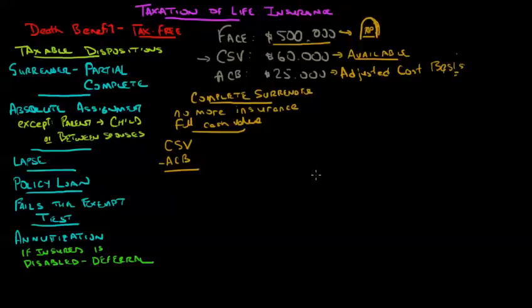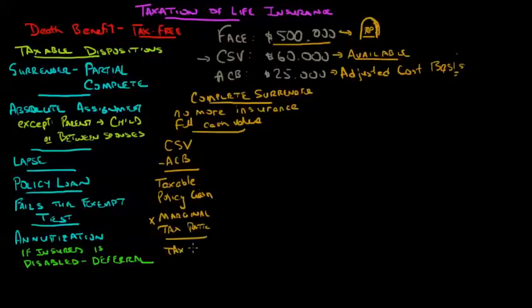Basically, those are the after-tax dollars that you put into this insurance policy. So we take the CSV minus the ACB, and we get the taxable policy gain. And then we would take that taxable policy gain and we would apply whatever the appropriate marginal tax rate is, and that would describe for us what your tax bill is associated with this particular event.